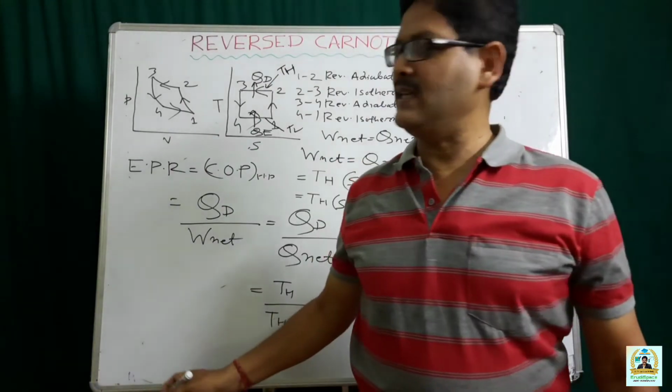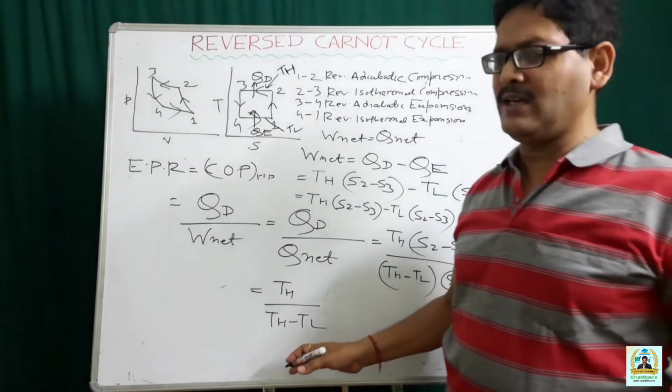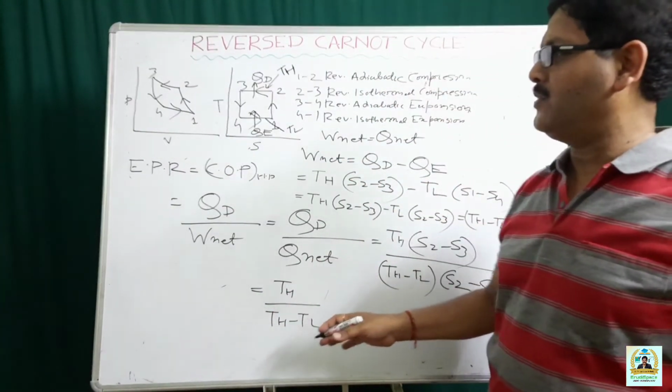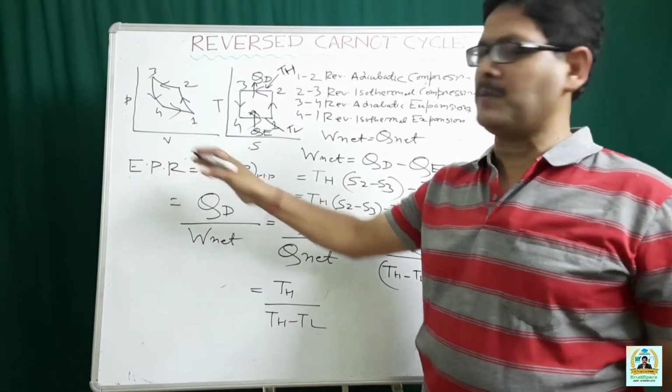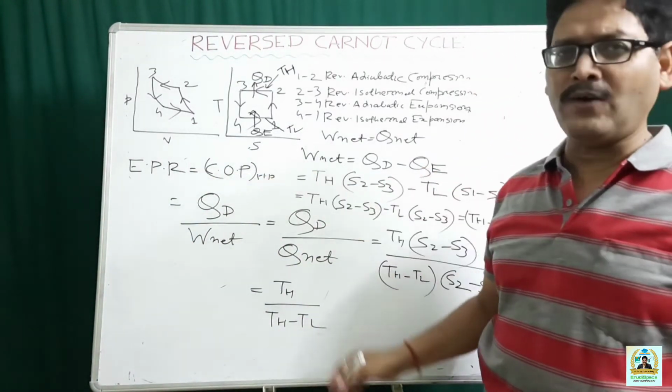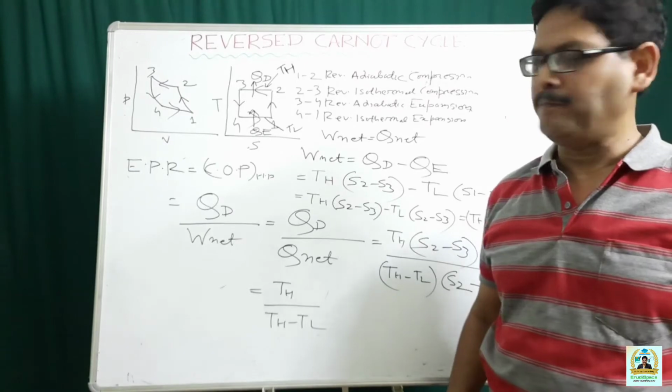So that actually represents the performance parameter of the heat pump, which is known as your energy performance ratio or COP of the heat pump.